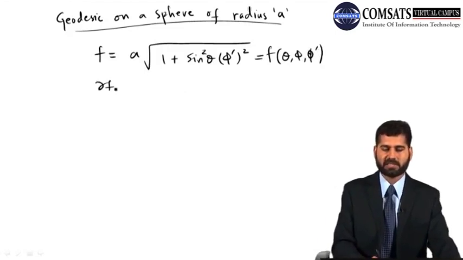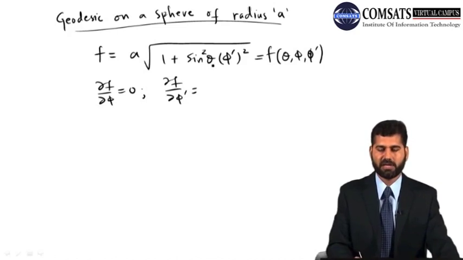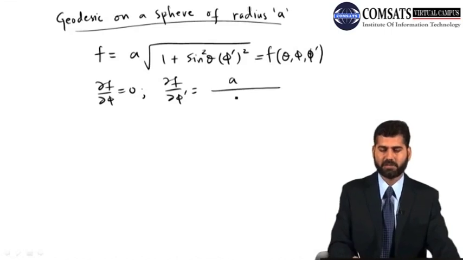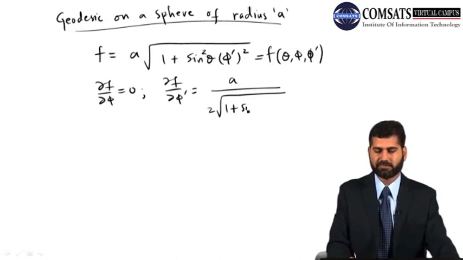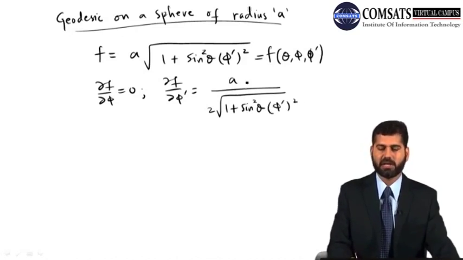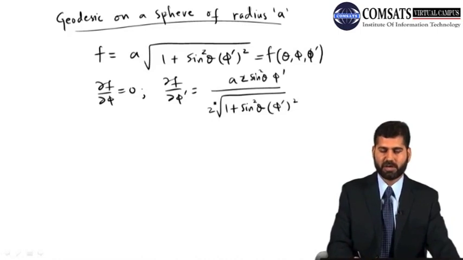From here, partial f by partial phi is 0, and partial f by partial phi prime is a over 2 times 1 plus sine square theta phi prime square, and the derivative of the inside thing is 2 sine square theta phi prime. So the 2 and 2 are cancelled out. So this is what you got.